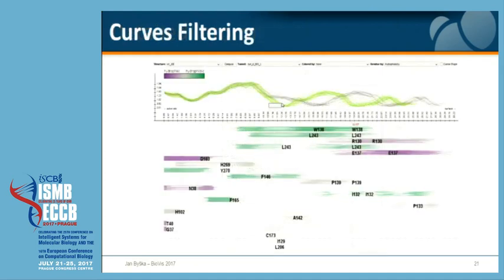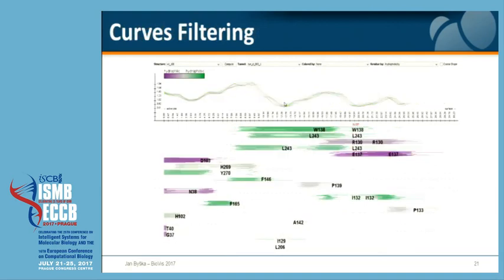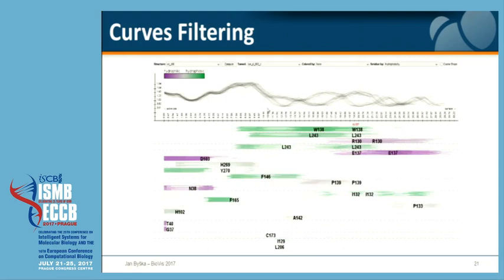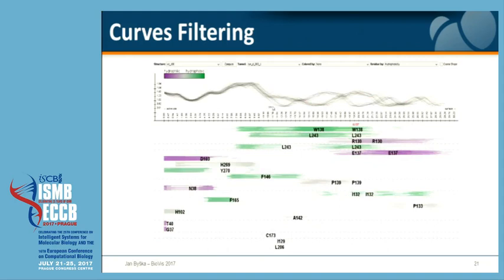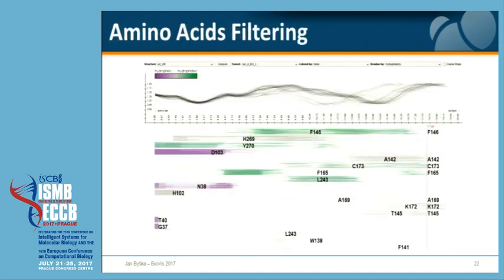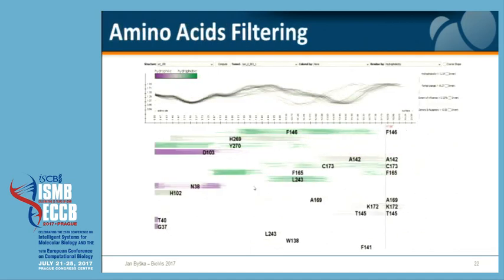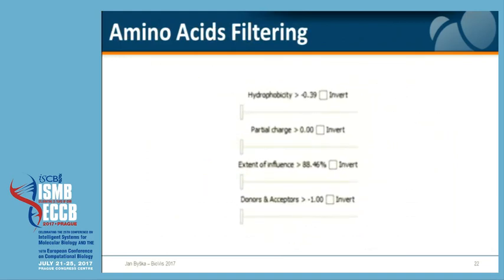If the biochemist would like to focus on a smaller time span or some particular feature in the data, they can employ various selections. For instance, here is a vertical selection on the curve, and the selected or all the remaining curves can be filtered out. A similar filtering can also be applied to the amino acids themselves.